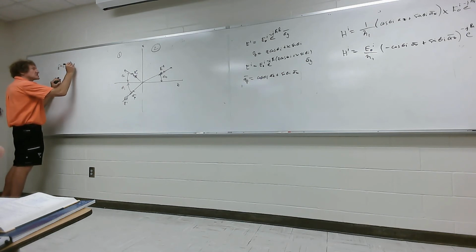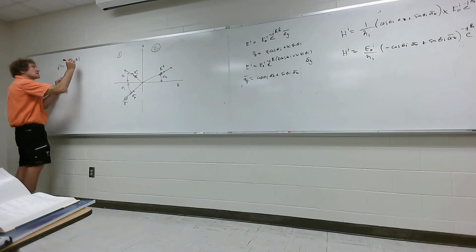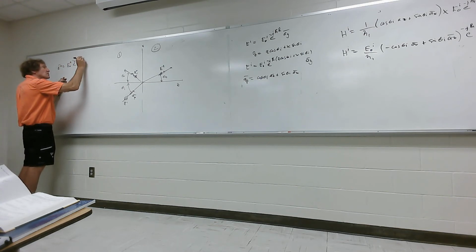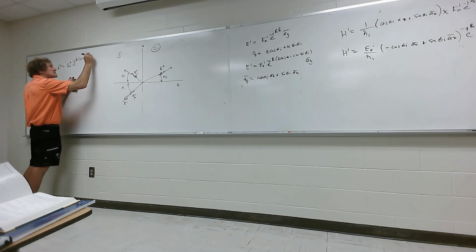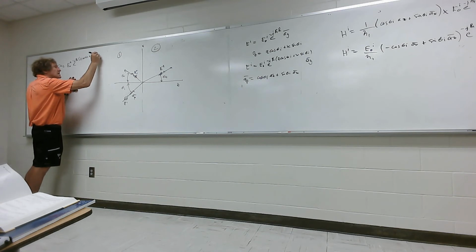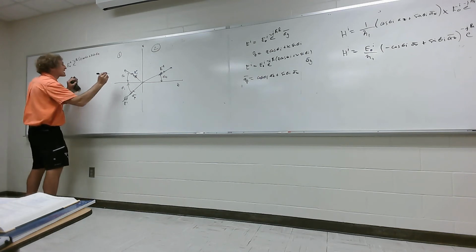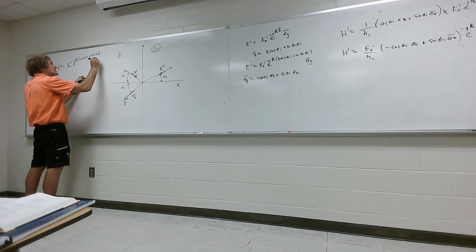It's going to be e to the minus j beta 2 times z cosine of theta transmitted, or theta 2 if you want, plus x times the sine of theta transmitted. It's going to be in the a_y direction.